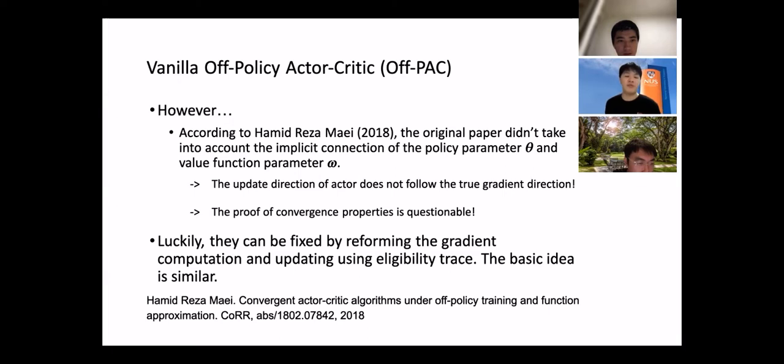And the proof of the convergence property in the original paper is also questionable. But luckily, these problems can be fixed by reforming the gradient computation and updating everything using eligibility trace. Note that the basic idea is similar.